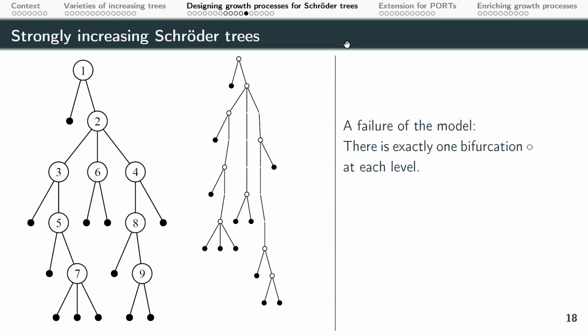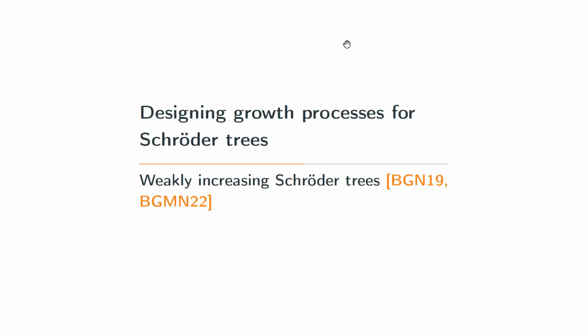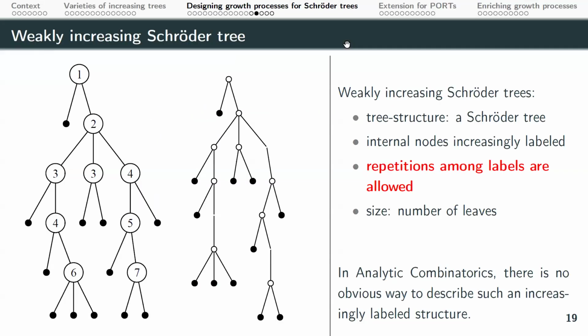So we have no repetitions inside the labels, so we cannot have twice at the same level an internal node. And this is a restriction that we want to remove. So we have introduced another model where we allow repetitions in the labels.